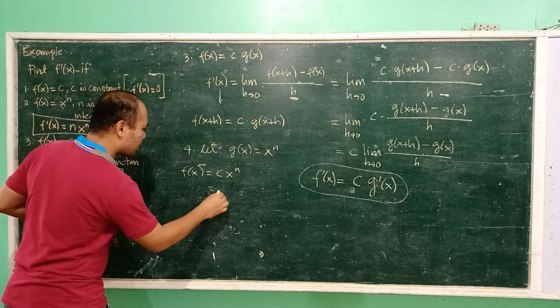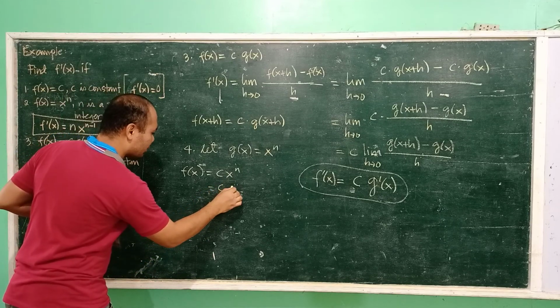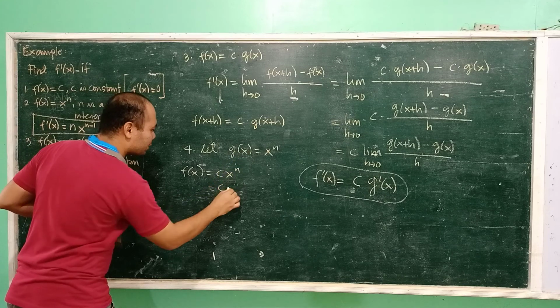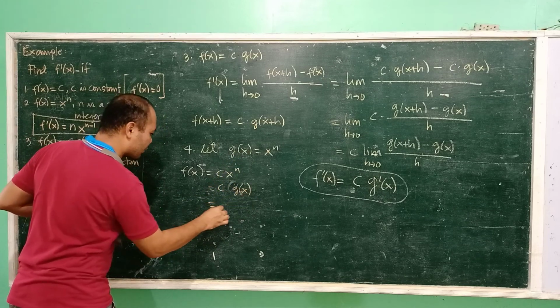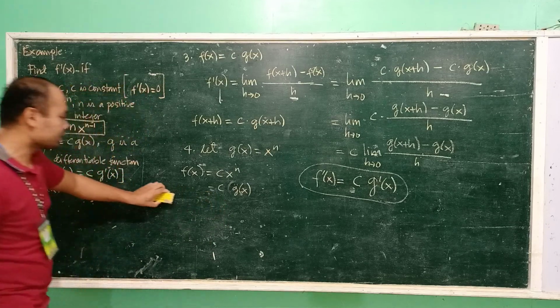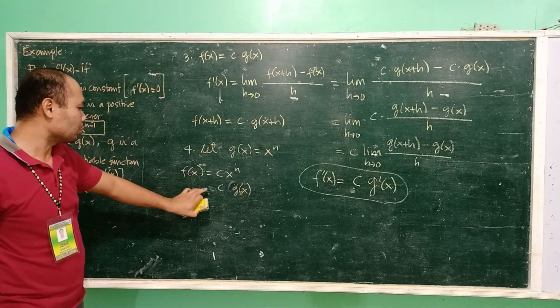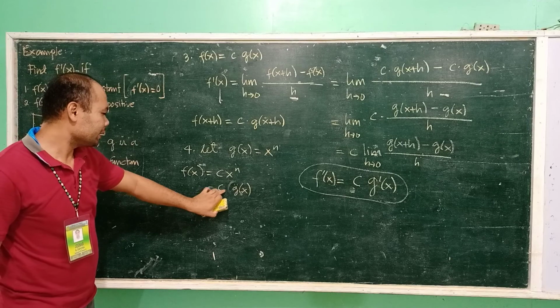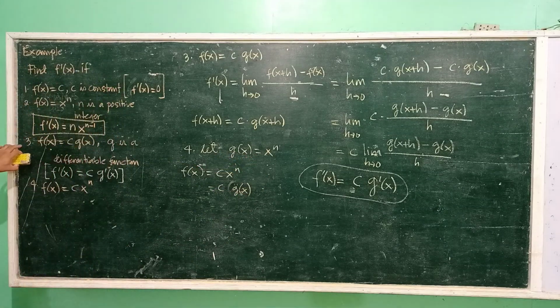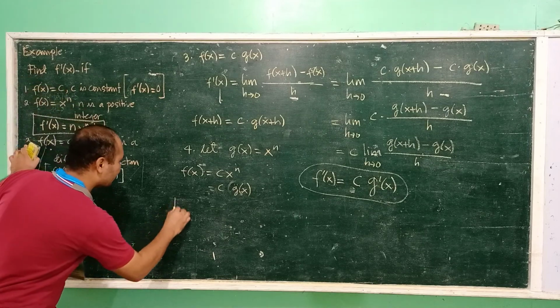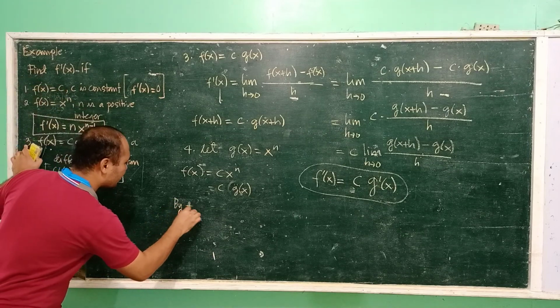Then f of x equals c times x to the n, where c is the constant and x to the n is our g of x. So f of x is equal to c times g of x, where our g of x is x to the n.